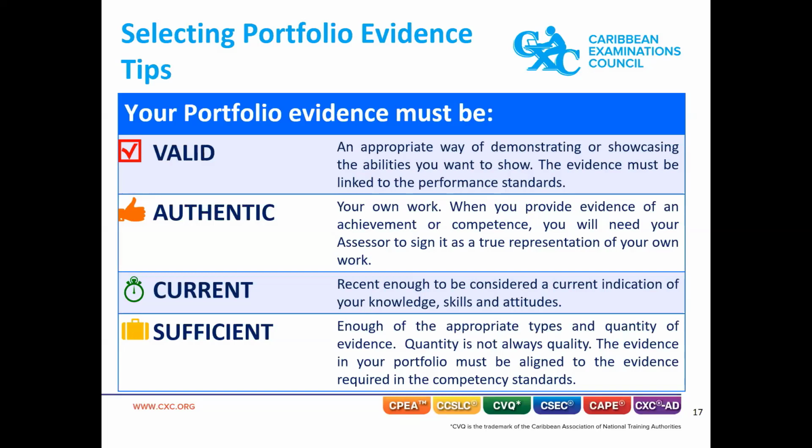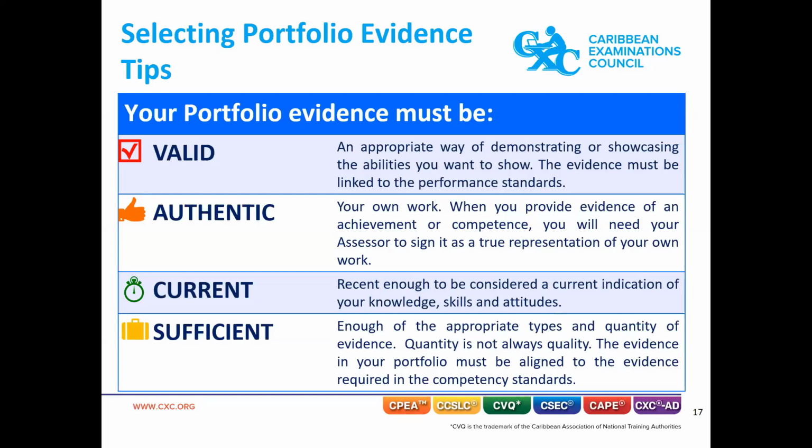Okay. Now, sufficient. We call that sufficiency. It should be sufficient, enough of the appropriate types and quantity of evidence, because quantity is not always quality. You may have a number of quizzes, a number of written pieces, and guess what?